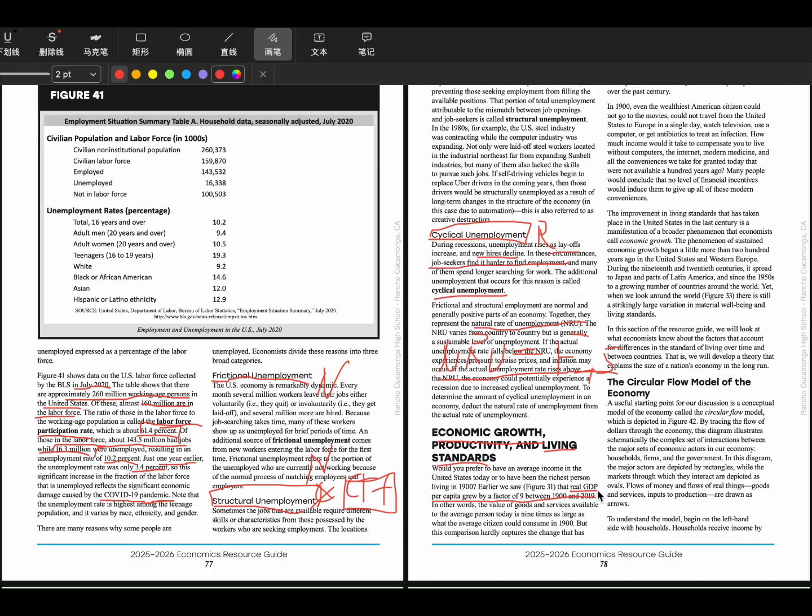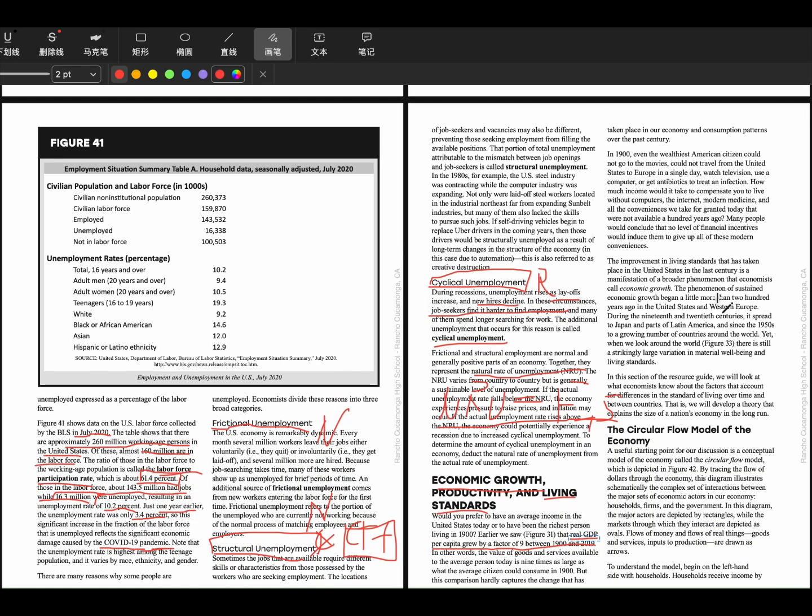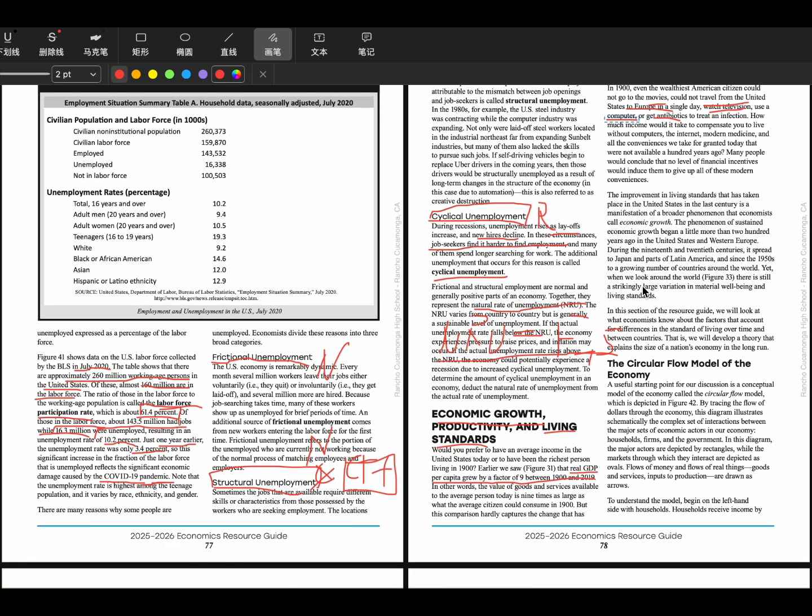This means the living standard, the amount of average people's earnings, has increased 9 times. We can see it through movies, travel from the United States to Europe in a single day, televisions, computers, antibiotics. We enjoy all these things that people in the 1900s did not. That's why economic growth per capita is a great sign of living standards improving.